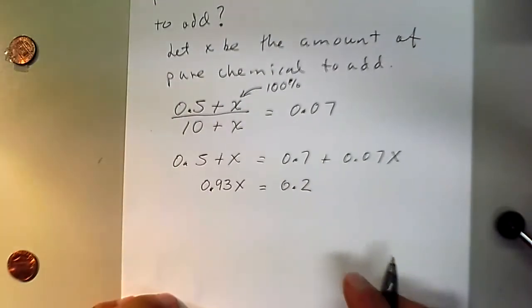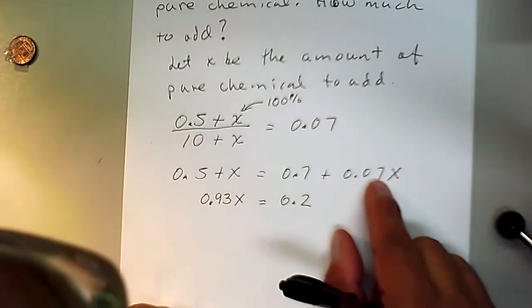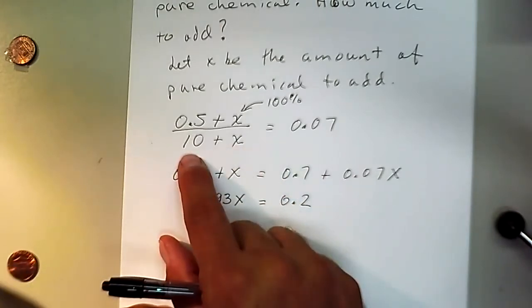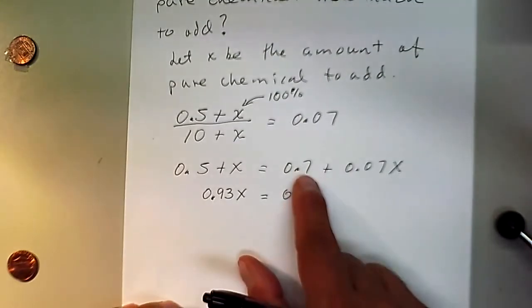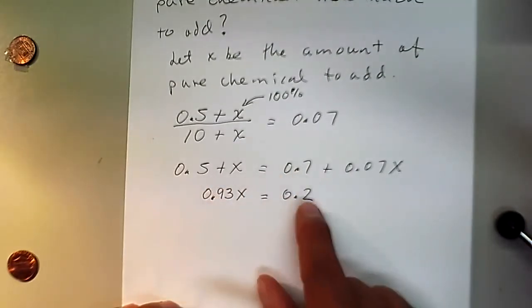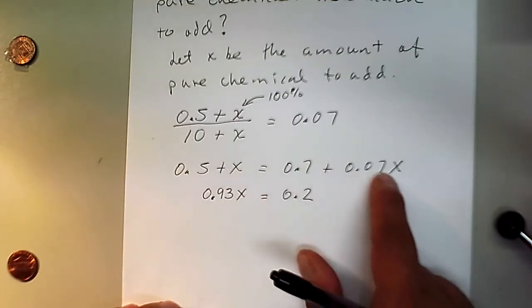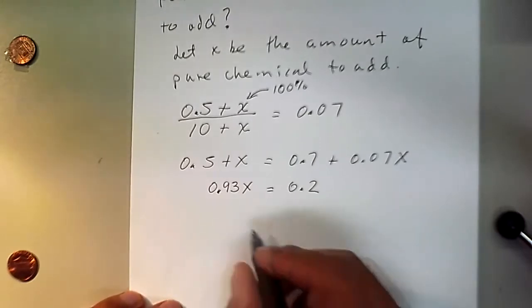Interesting. Let me double check. So that's 0.07x, and then 0.7. And then subtracting, we get 0.2, and subtracting, because this is 700ths, we end up with 93 hundredths. Yeah, it looks like we're good.